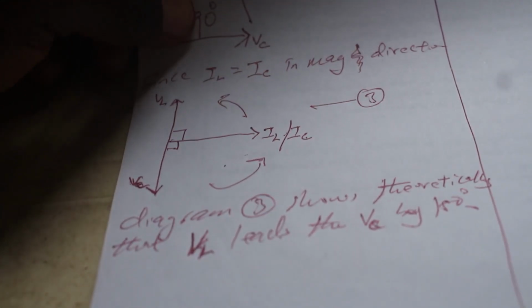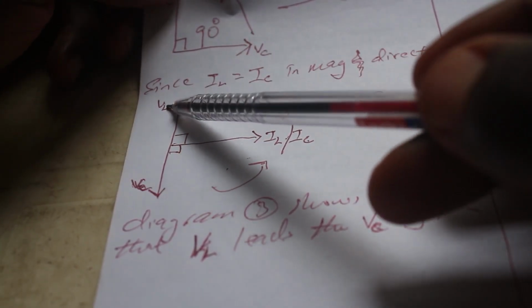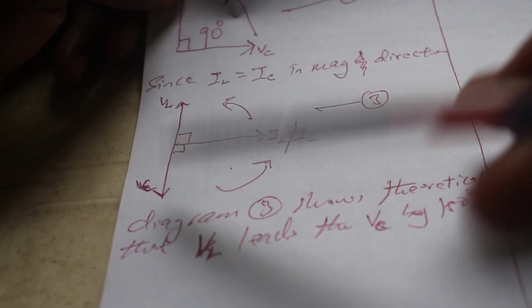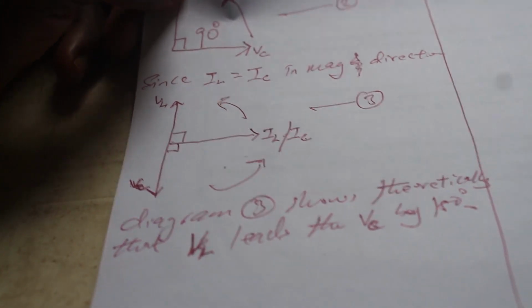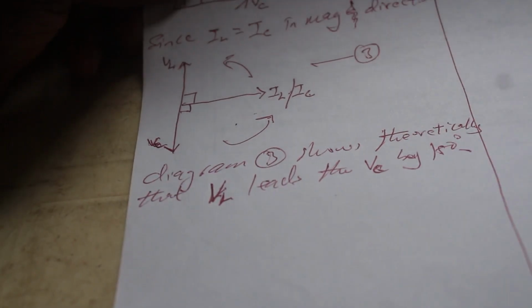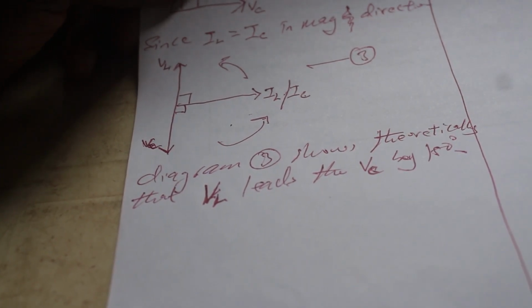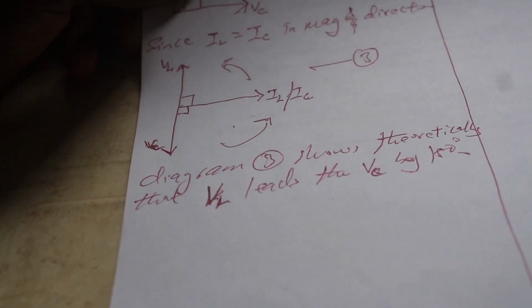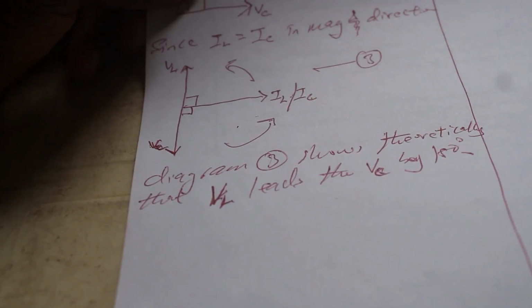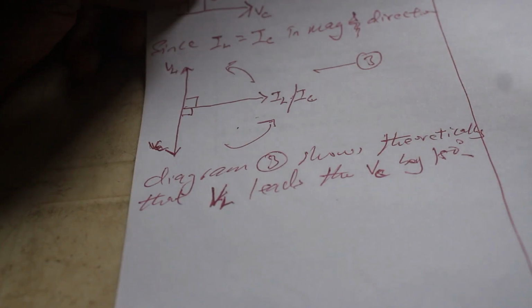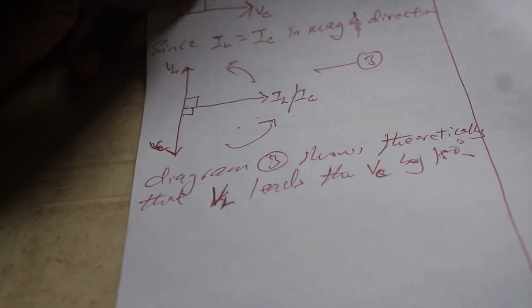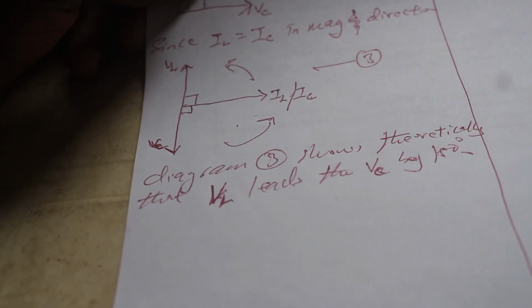That's the phase angle between the voltage in the inductor and the voltage in the capacitor in an LC series circuit. When you do a practical on this, you find out that it's the same. When you compare the voltage over the inductor to the voltage over the capacitor, you'd find out that the phase difference between them is 180 degrees.